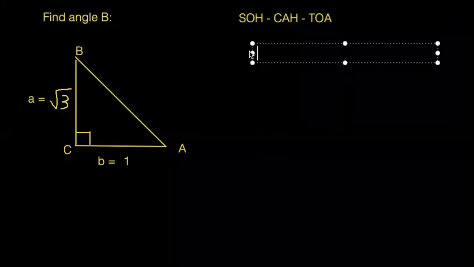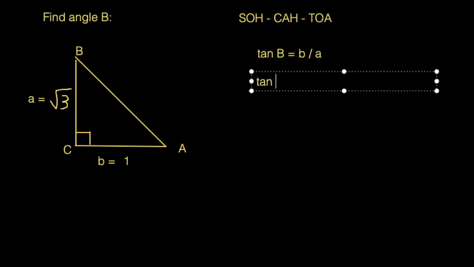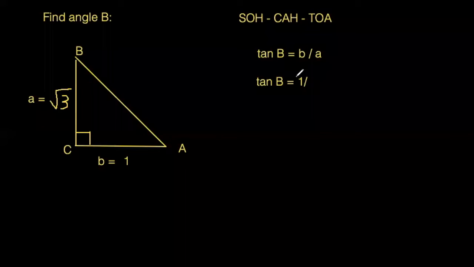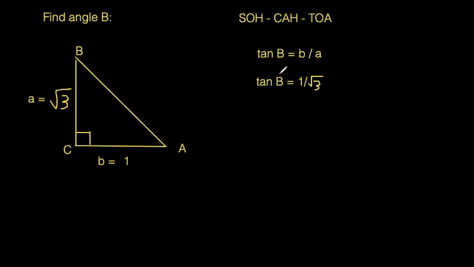Tangent of angle B is equal to side B over side A, and we can replace B with 1 over root 3. I'll have to write that in. So square root of 3 looks like this. We have to isolate angle B, so we have to get rid of the operation tangent.